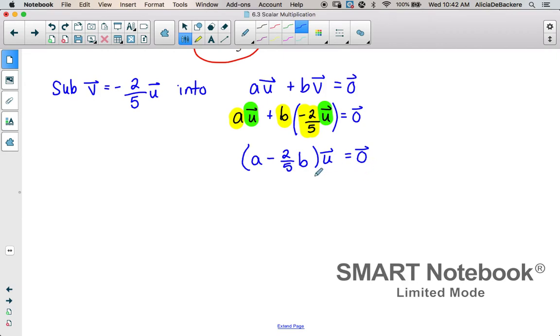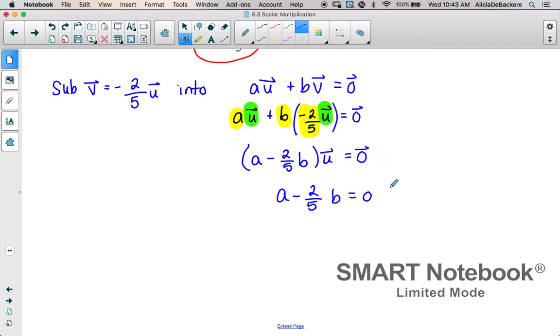All right, so now what I have is I want to turn vector u, which is not a zero vector, into a zero vector. So that tells me that I must be multiplying the magnitude by 0. So this tells me then that I need a minus 2/5 b to equal 0.